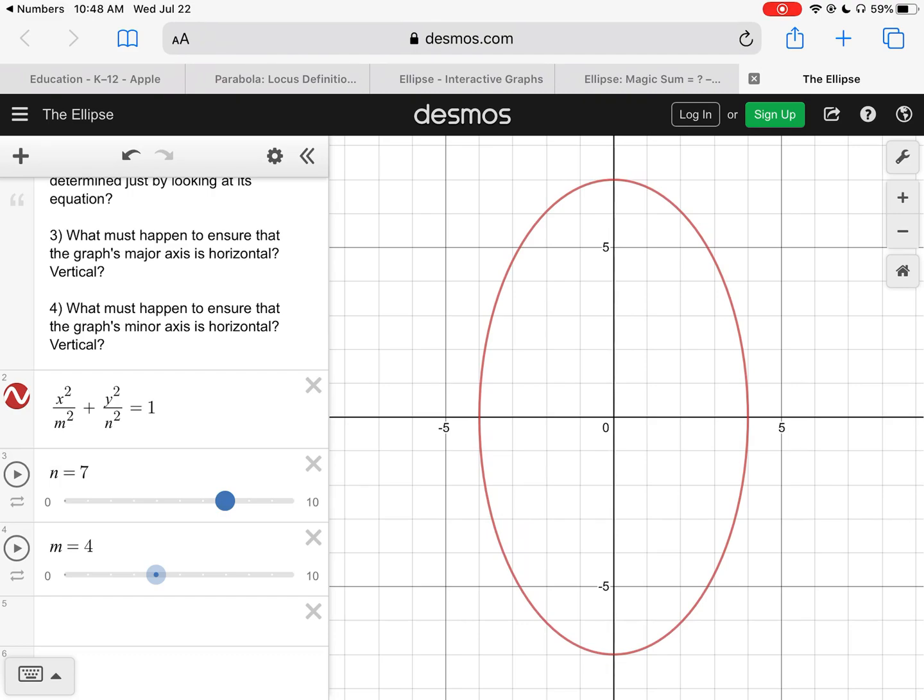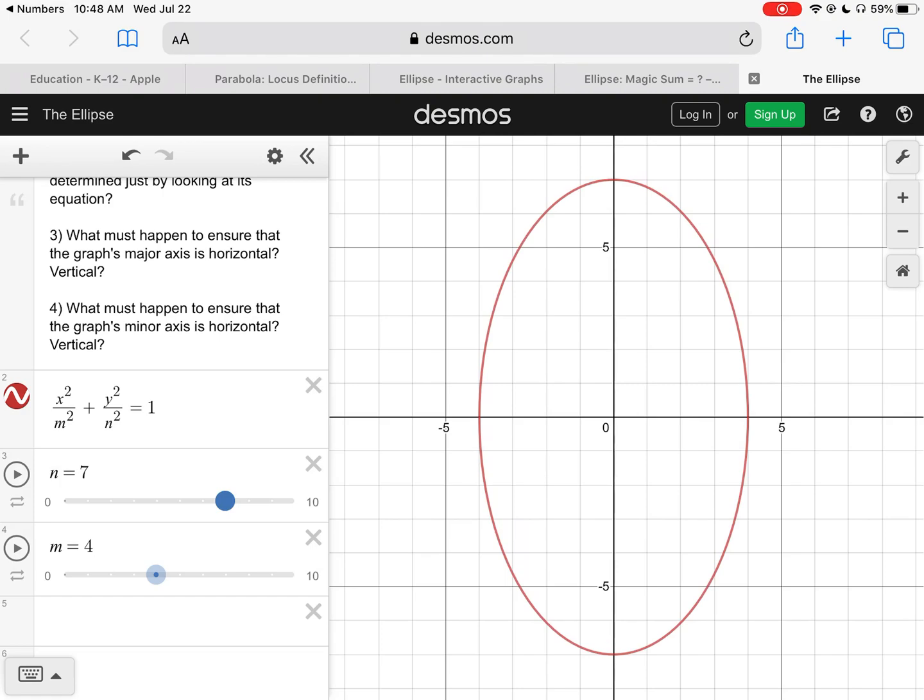So your major axis is simply dependent upon which variable has the larger denominator associated with it. Again, if your y squared has a larger denominator under it than x squared, then that tells me you're going to have a major axis of the y-axis, being that it's vertical.